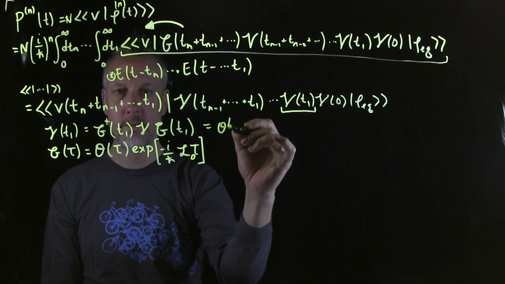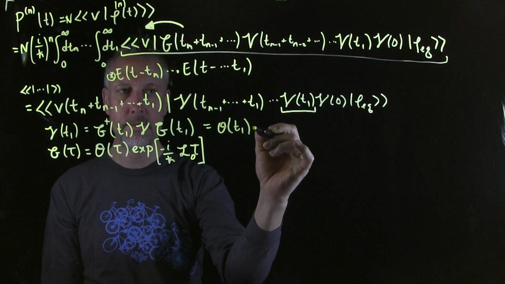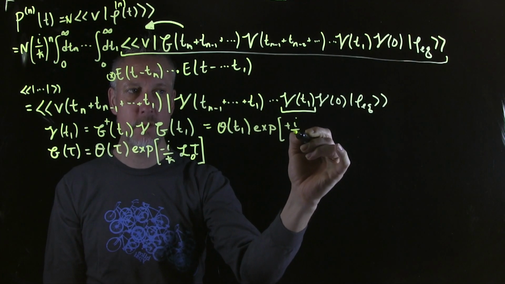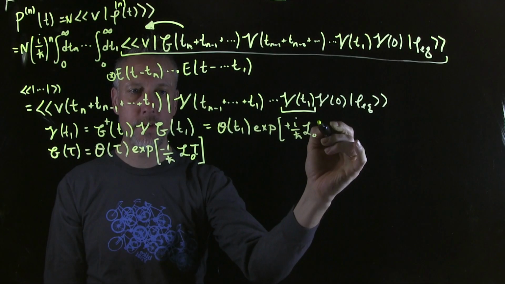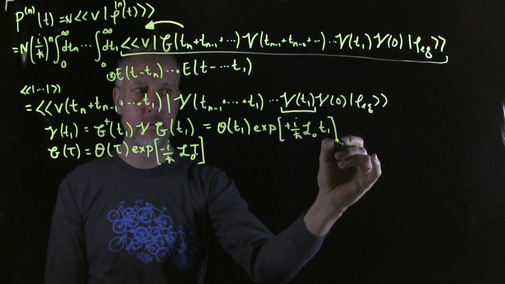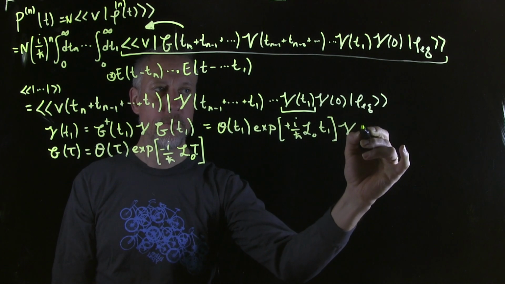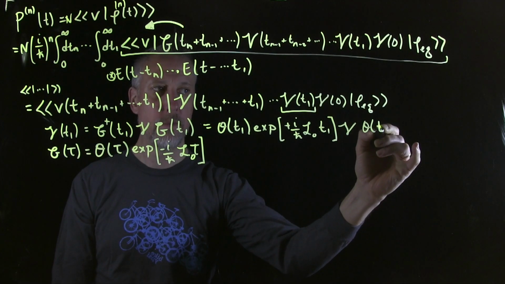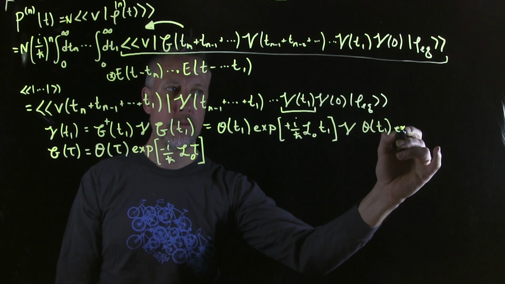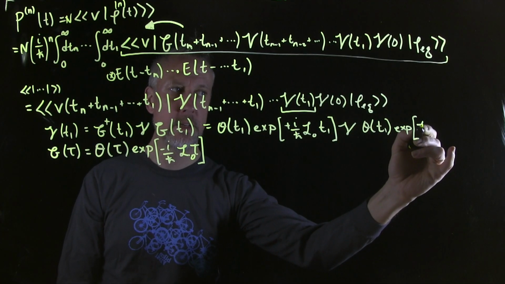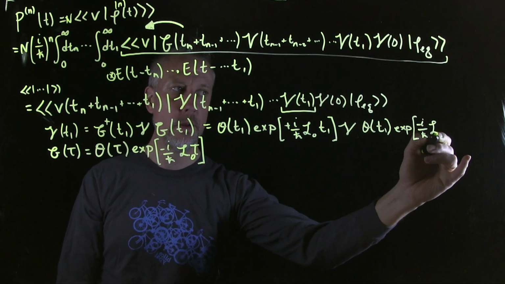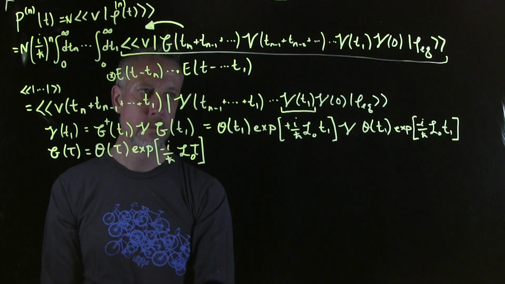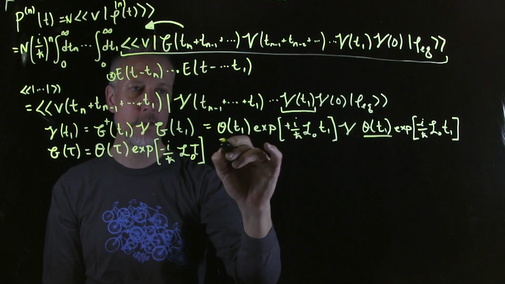So we'll have theta of T1, e to the plus i over h bar L0 T1, V, times theta of T1, e to the minus i over h bar L0 T1. All right, so the theta is one of those weird functions, right?